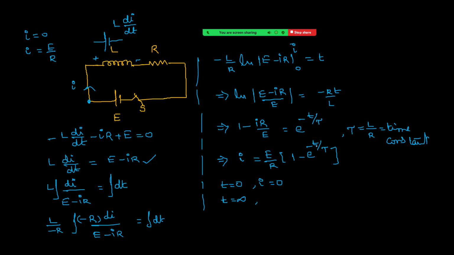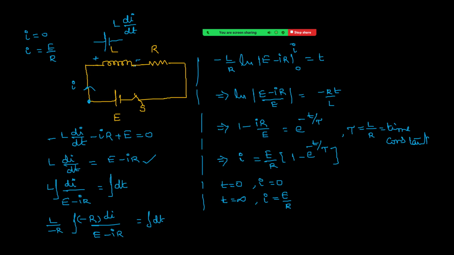Next, you can see when time t is infinity, it means after a long time. When t is infinity, this becomes zero, right? That means I equals E by R, which is the maximum current. After a long time, there is no fluctuation of current. Finally, current reaches a steady state.